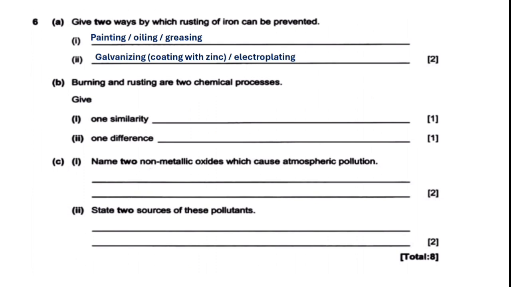We move on to the next one. Burning and rusting are 2 chemical processes. Give 1 similarity, 1 difference. Okay, we should give 1 similarity between burning and rusting, and 1 difference between burning and rusting. And of course, to be honest with you, you must be able to know this, because the questions are mainly based on this.